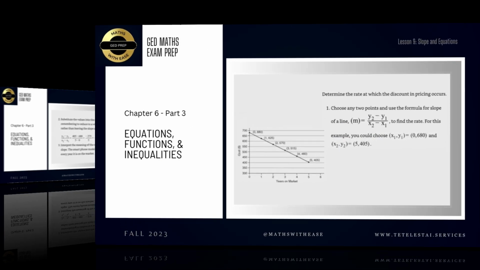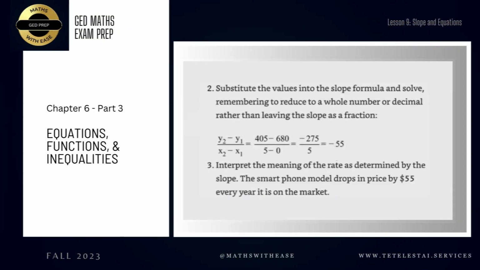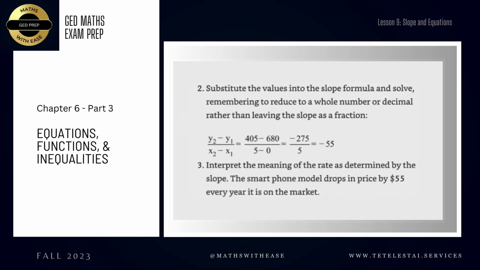So here we decided that y1 is 680, therefore y2 has to be 405, right? So the first number that we're going to plug in here is y2, which is 405. And then we're going to subtract 680 from 405, right? And that's what they've done here. That's what we see here in the numerator. Then we're going to go back to our ordered pairs that we chose.